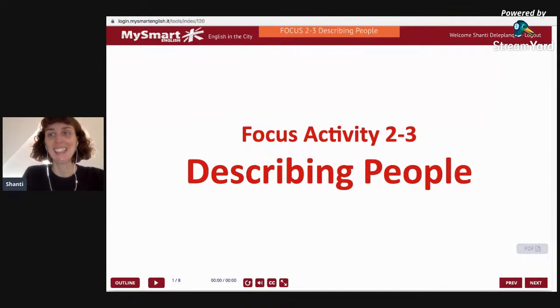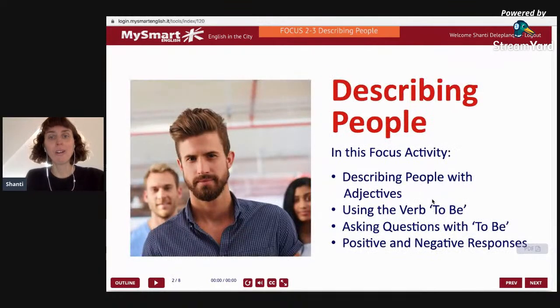Okay. Let's start the lesson. Our lesson today is about describing people. We are going to describe people with adjectives. We're going to use the verb be. We're going to ask questions with the verb to be. And we're going to have positive and negative responses. So let's start.